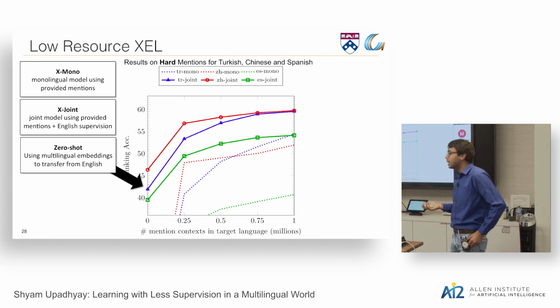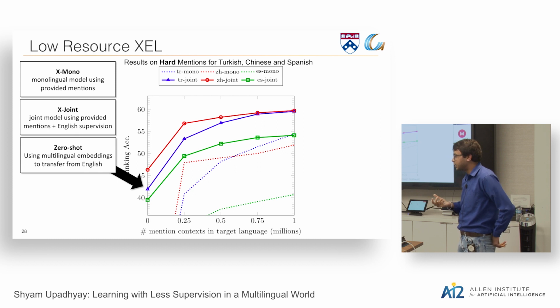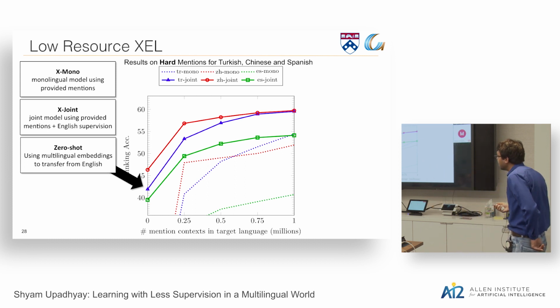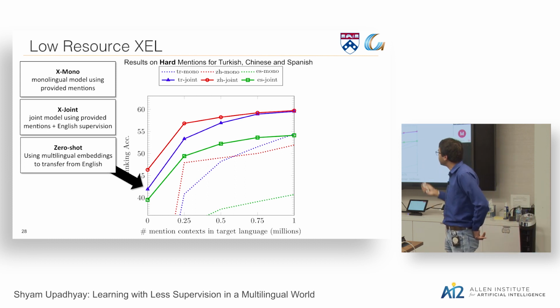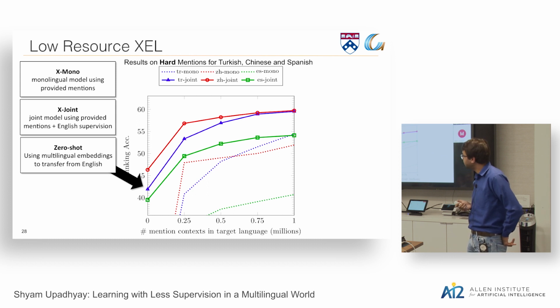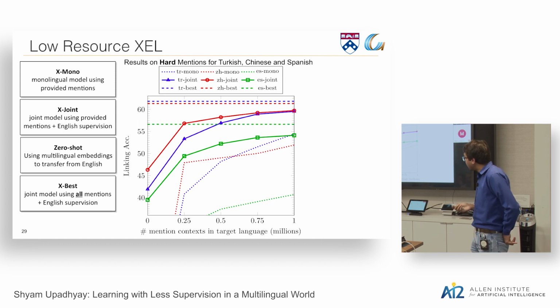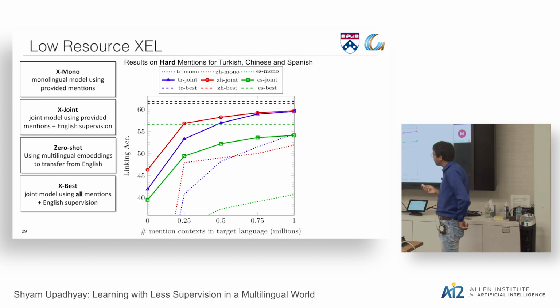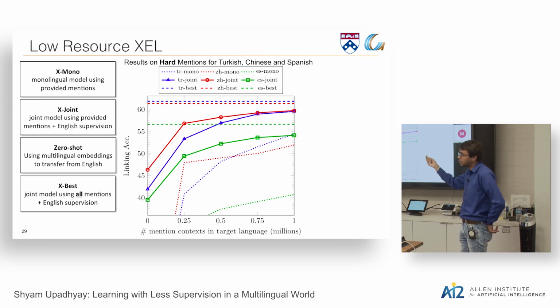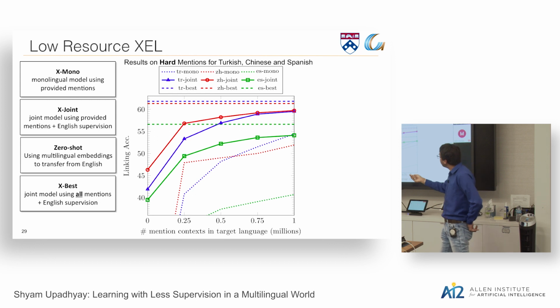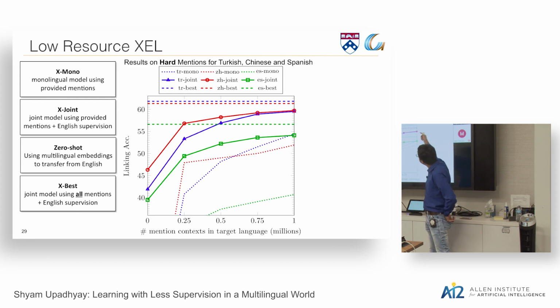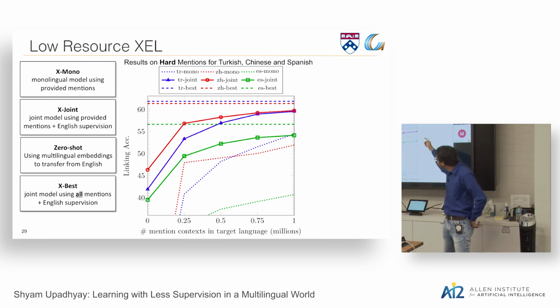You can see that just by training an entity linking model in English and transferring it across languages via the medium of the multilingual embeddings, you can still achieve some reasonable performance, which is still better than the performance of the monolingual model. And finally, for reference, this was the best performance in the previous 3 or 4 slides for each of these languages. You can see for languages like Turkish and Chinese, we are approaching the best performance pretty quickly, with 1 million mentions or so, which is, again, very encouraging.